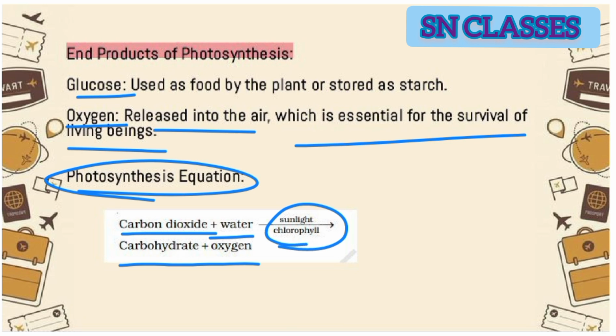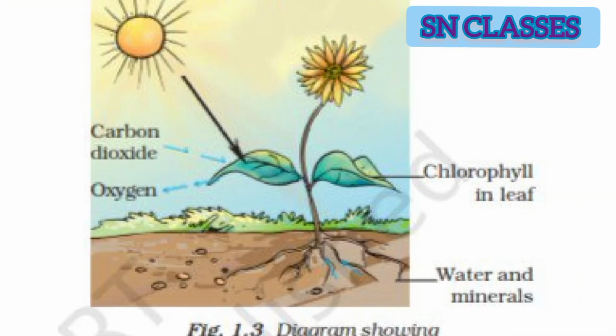Now let us move on to the next slide, that is the picture of photosynthesis. Here you can observe that sunlight is absorbed by the leaf, where there are stomata, which take in carbon dioxide and give out oxygen, right?